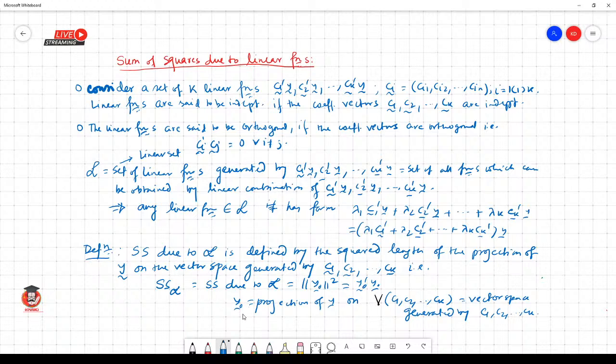And since this is a projection of y curl on C1, C2, ..., Ck, it should be written as a linear combination of the vectors C1, C2, ..., Ck. So I write y naught curl equal to T1 C1 curl plus T2 C2 curl, ..., plus Tk Ck curl.